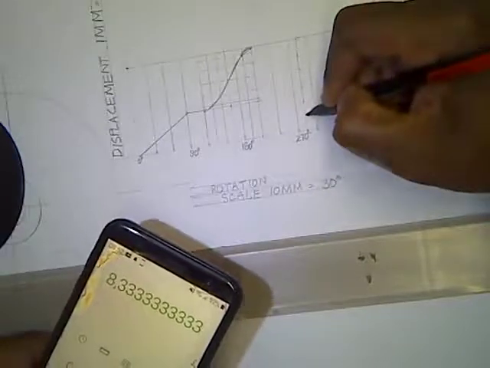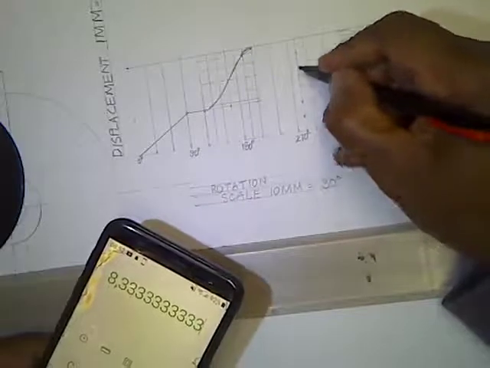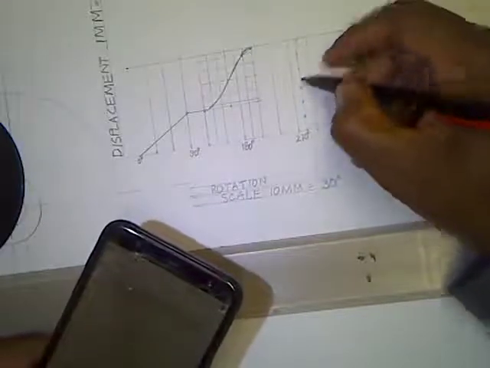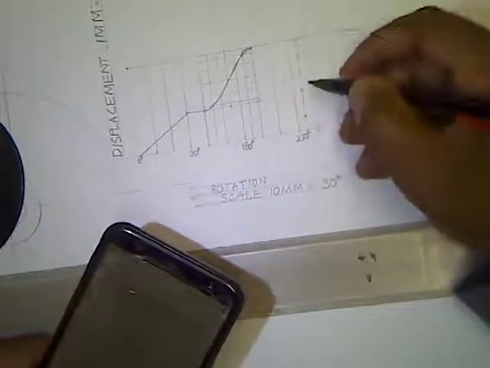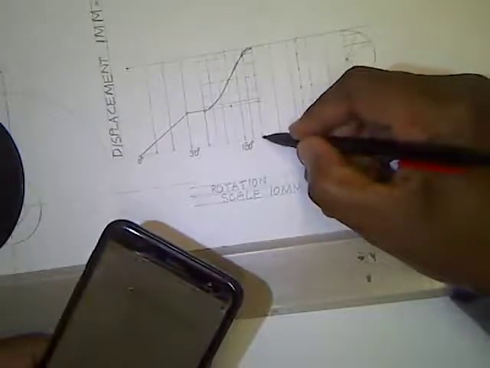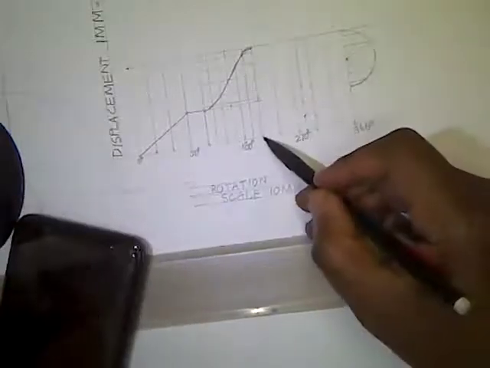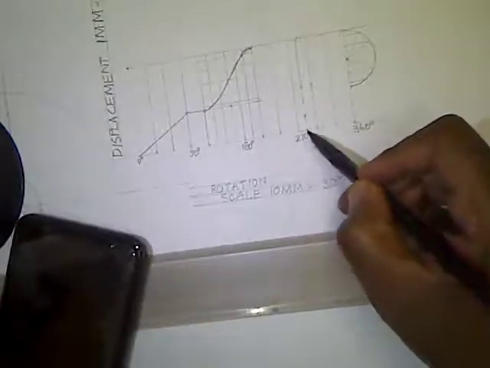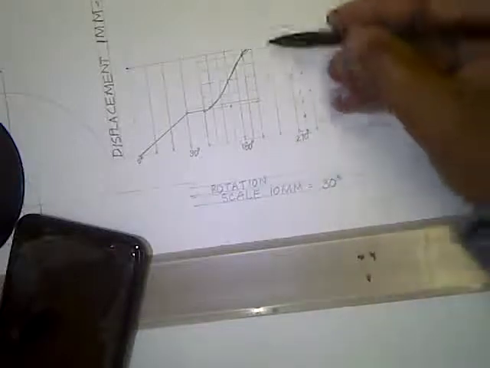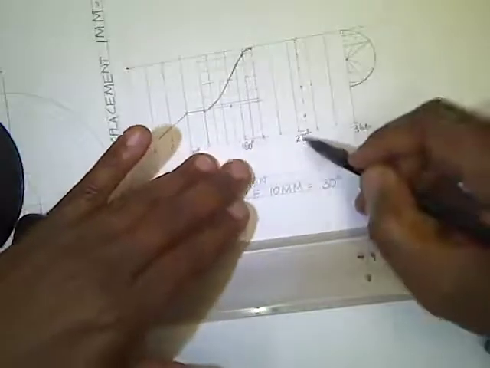I'm dividing this into 3 equal parts. 1, 2, 3. I've divided into 3 equal parts, and then from here, this distance, I will divide it into 3. This distance, I no longer consider those 30, 60 degrees and so on that are already there.